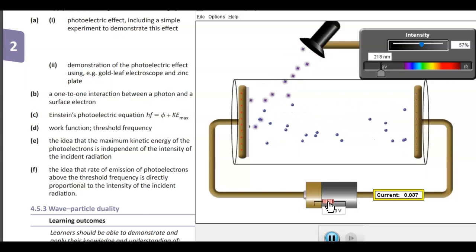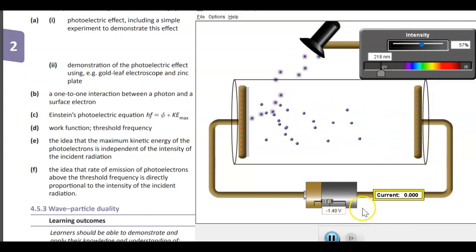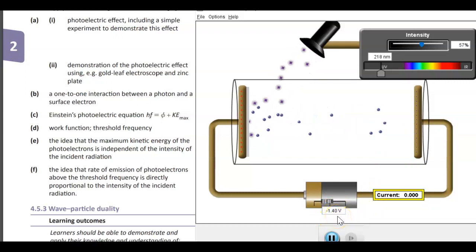And we can keep making this more and more negative until we just stop the electrons from reaching that particular anode. And when we know the voltage that is required to stop them getting there, this voltage is the same as the energy of those fastest electrons. So we know that the fastest electrons had an energy in this case which was 1.4 electron volts.